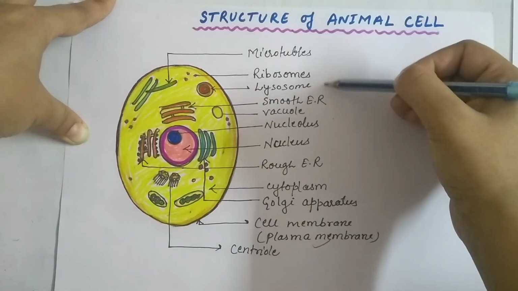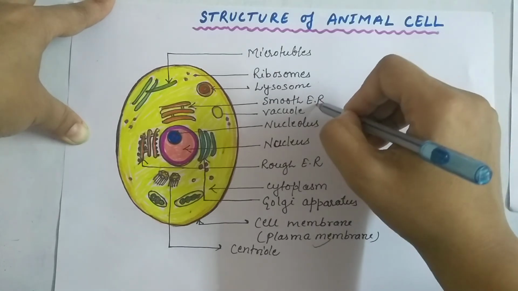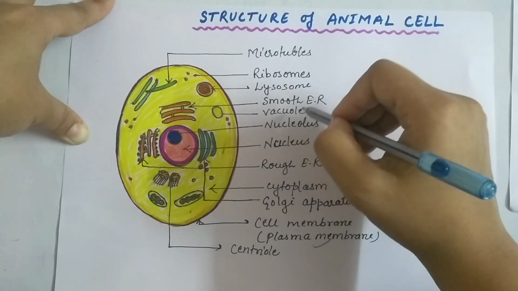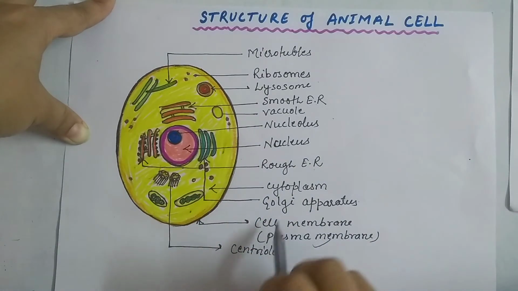All the organelles like lysosomes, ribosomes, smooth endoplasmic reticulum, nucleus, vacuoles, rough endoplasmic reticulum and cytoplasm are common between the cells. Only a few differences exist, which we already discussed.